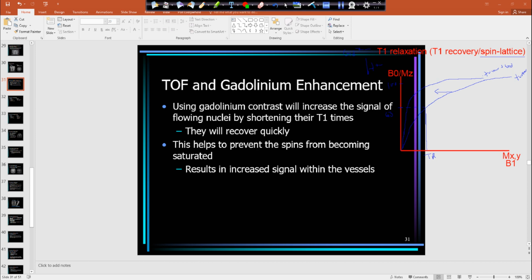So we're going to get brighter signal. This curve increases our signal intensity, and you see it as that bright signal on our post-contrast images. So that's what's happening when we have gadolinium enhancement. We'll cover that more when we go into contrast next year.